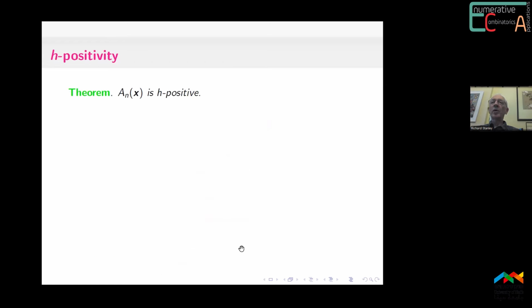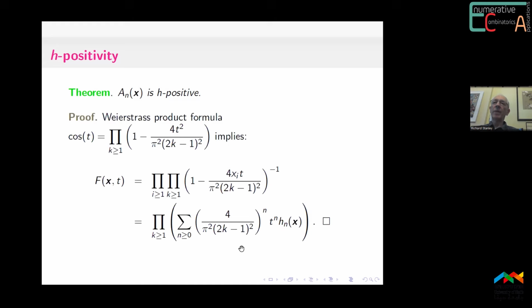Well, as a corollary, we get the theorem that A_n of x is h-positive. If you expand it in terms of the complete symmetric functions h lambda, the coefficients are non-negative. Well, the proof is an analytic proof. It uses the Weierstrass product formula for the cosine. So we have this well-known product formula for cosine.